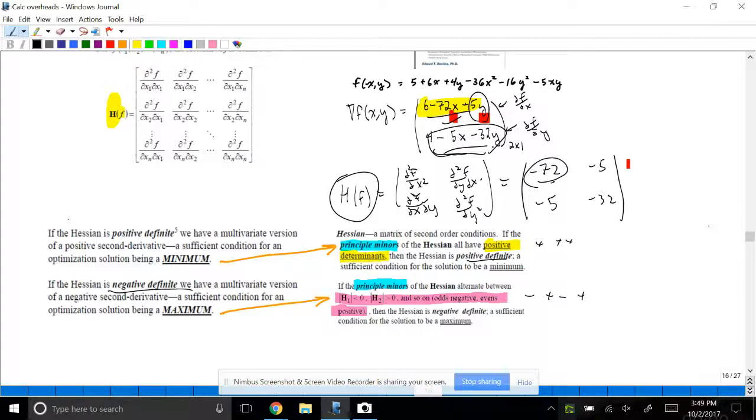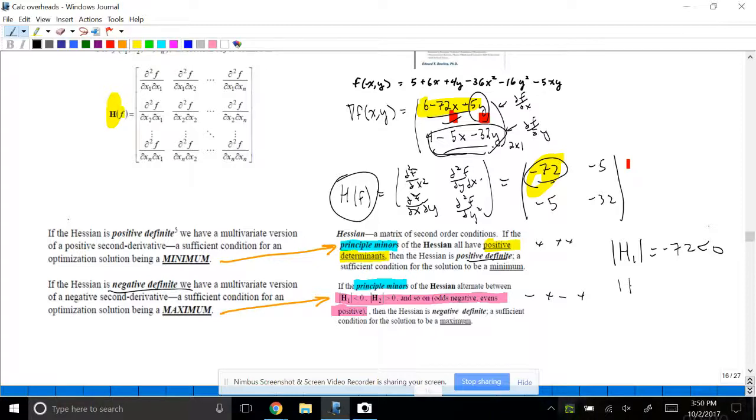All right, so let's take a look at these principal minors. We take the determinant of this principal minor there. Well, it's just a scalar, so that's equal to negative 72, which is less than 0.